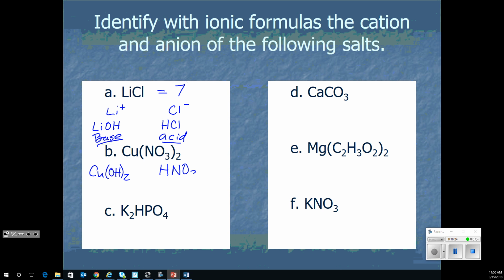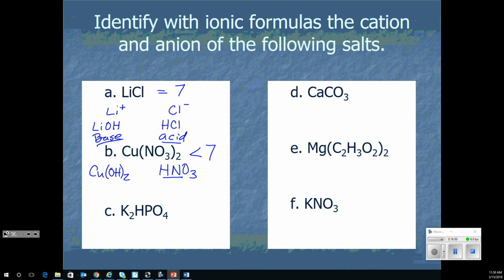HNO3. Okay, are either one of these strong? Nitric acid is one of our strong acids. So this one is strong, and this one's not one of our strong acids, or bases, is it? So because the acid is strong, but the base is not, this one is going to be a pH less than 7.